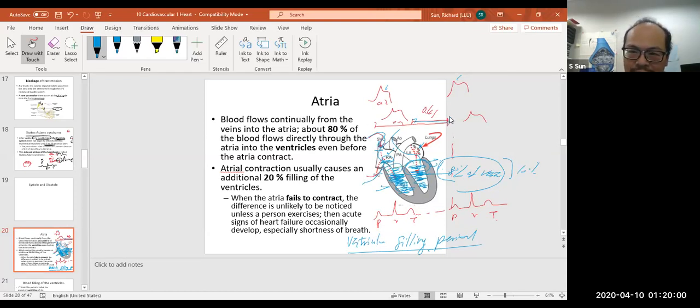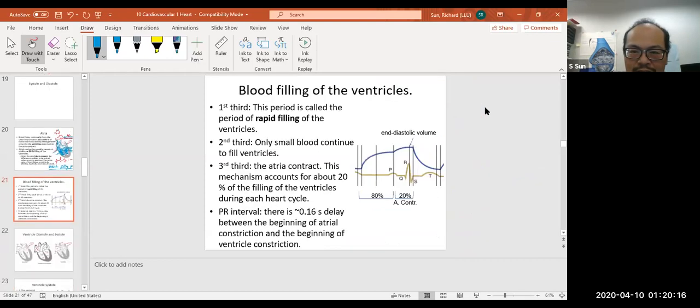So that's that. We go all the way from here to here, okay, to here. So atrium contracts, blood fills in. And then following that is ventricle contraction. So that's this one here. Basically this is the ventricle volume.